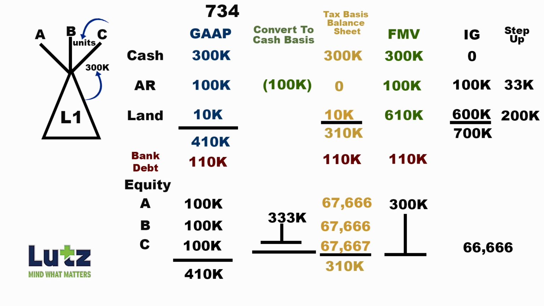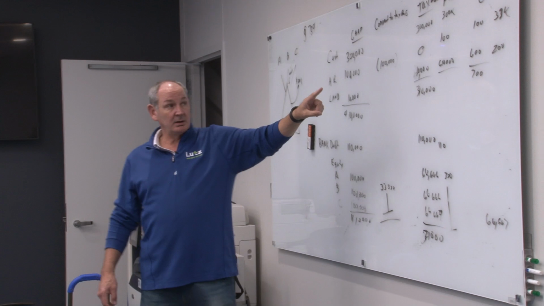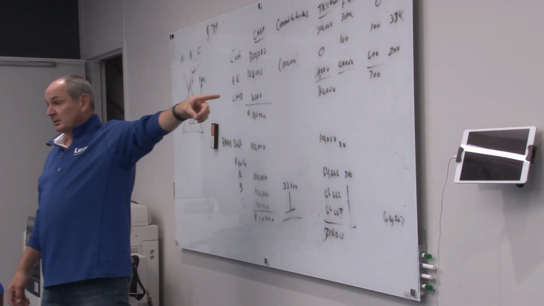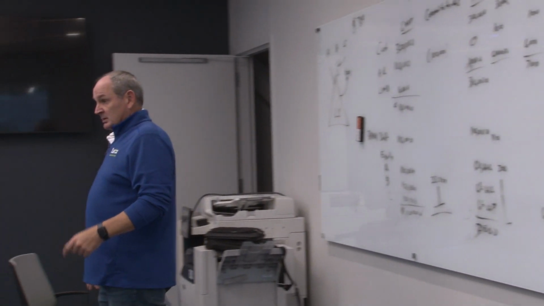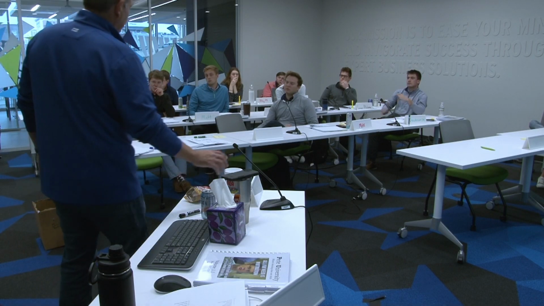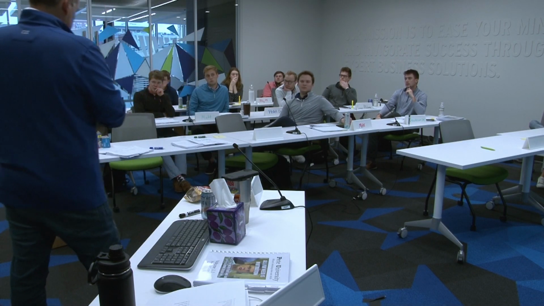Okay, so now when the partnership collects that $100,000 AR, they won't pay tax on the 33, because we effectively bought that from you. That makes sense. There's a lot of moving pieces here.